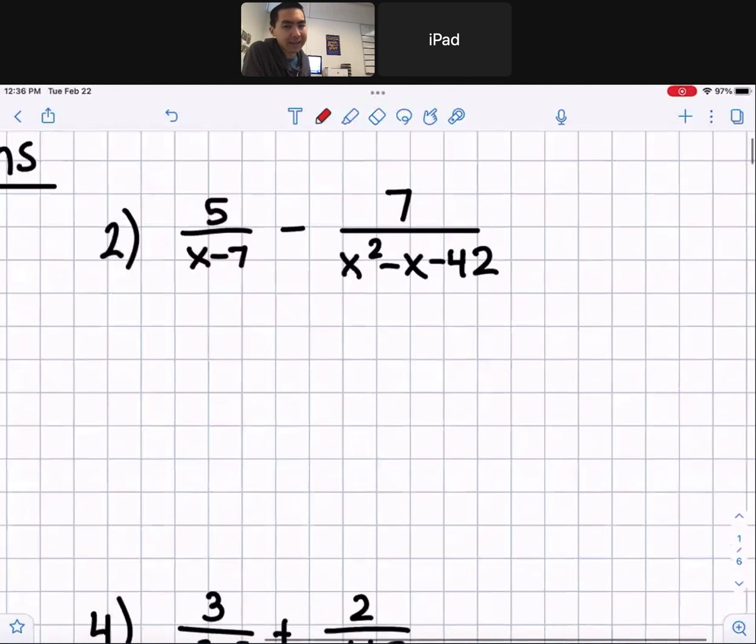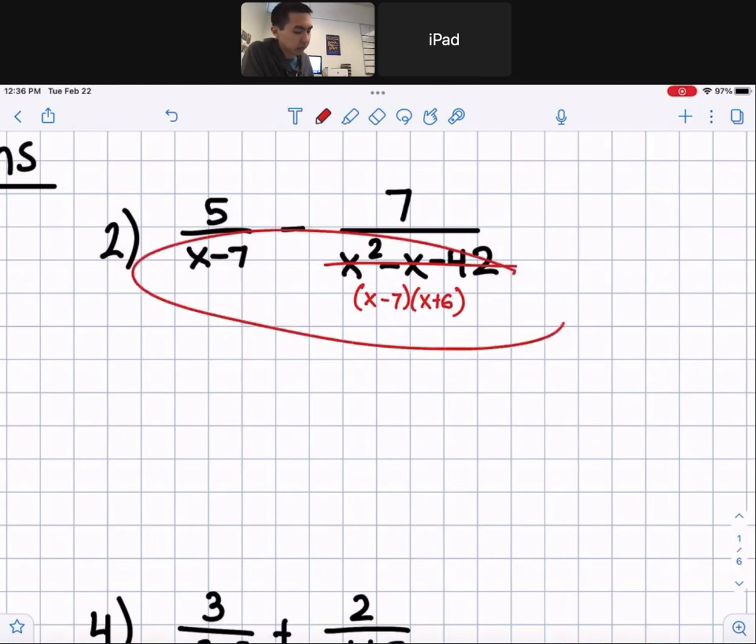Number 2, again, when we're adding or subtracting, we have to get the denominators to be the same. So I can factor that, and then in order for us to get the same common denominator, we should probably multiply this side by x plus 6 to top and bottom, because then we can combine the tops.